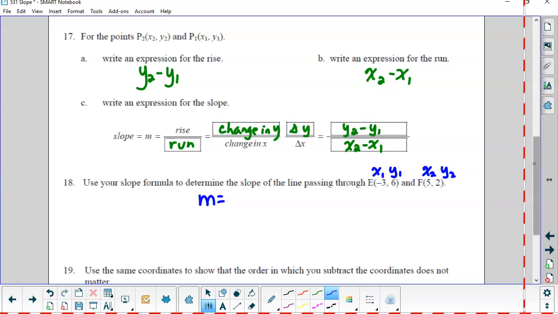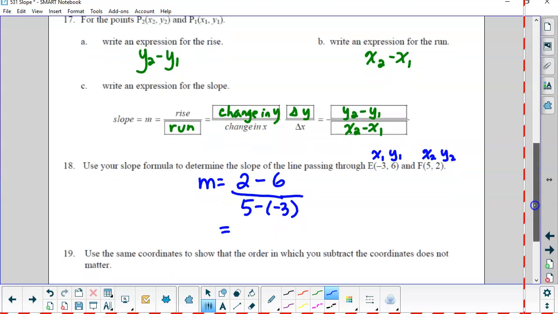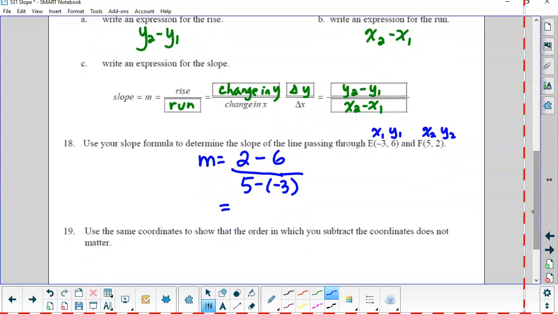And so y2 is 2 minus y1 is 6 over 5 minus negative 3. And simplify that. So that's negative 4 over 8, which reduces to negative 1/2.